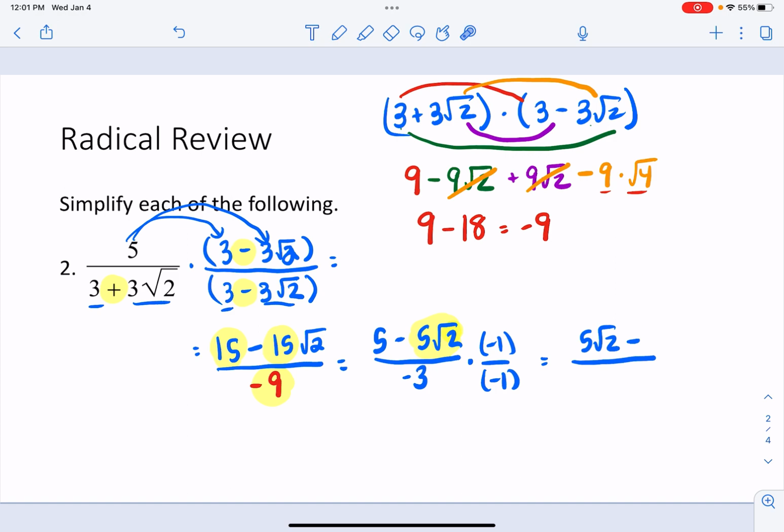It turns this 5 term into a negative 5 over a 3. It just looks a little bit better. I'm not huge if you don't do that, but you want to make sure that you understand how mathematicians like to look at things.